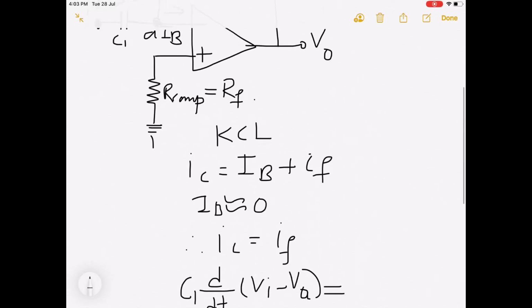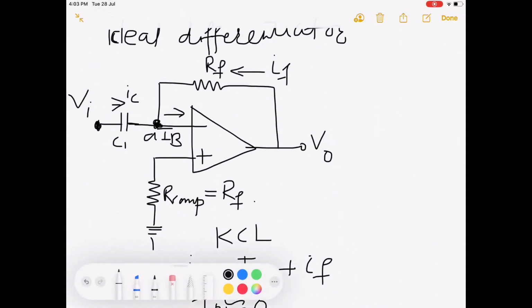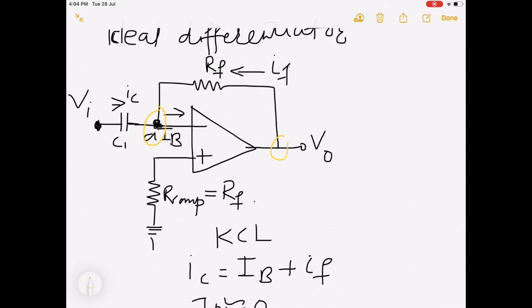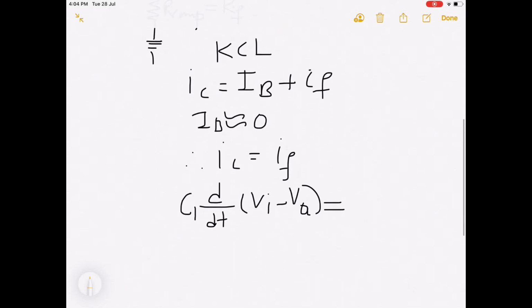And IF is nothing but (Va minus Vo) divided by Rf.